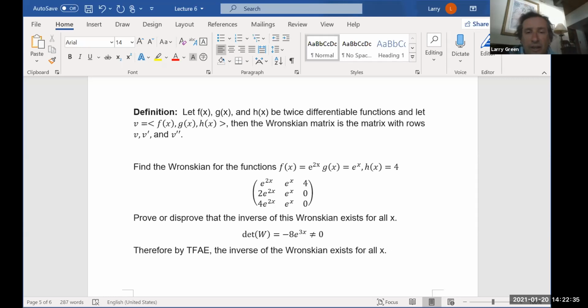Okay, you're going to learn next quarter that these 3 functions can be the solution, the sum of constants times these 3, or I can use the words that we have in our class now, the linear combination of these 3 functions is the solution to a differential equation of second order.